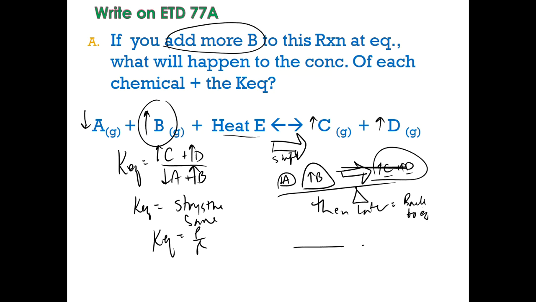And that's crucial because as C and D bounce into each other, it's going to eventually get to the point where it's making and breaking at the same rate. And their concentrations won't be the same concentrations they were before, but the ratio of the reactants to the products will be exactly the same ratio because it's all at the same temperature. So you can shift it temporarily. This is a temporary shift with things like concentration.